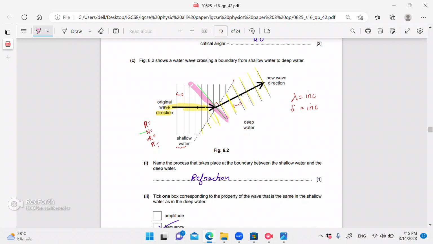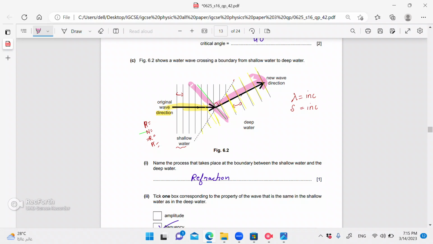Then as it is moving from shallow to deep, the refracted ray will move away from the normal ray. It will move away like this. This is the normal ray. It is going far away from the normal ray.